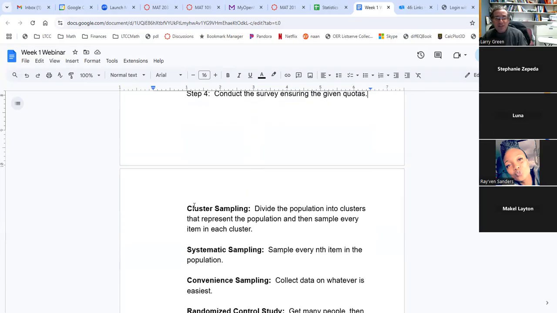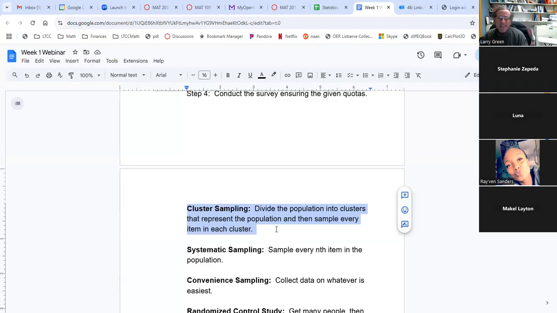Okay, then comes cluster sampling. In cluster sampling, you divide the population into clusters that represent the population, and then sample every item in each cluster. So let me give you a common example. Let's suppose you wanted to survey maybe a couple of hundred students at our college.